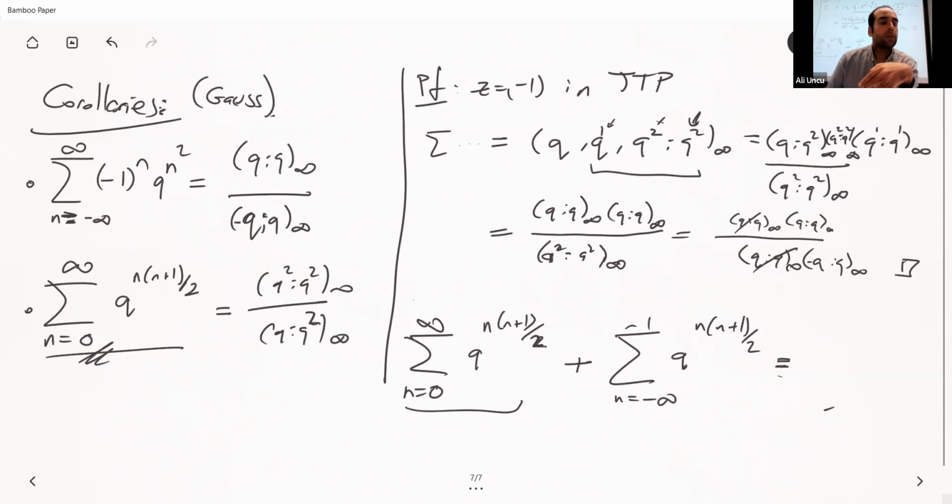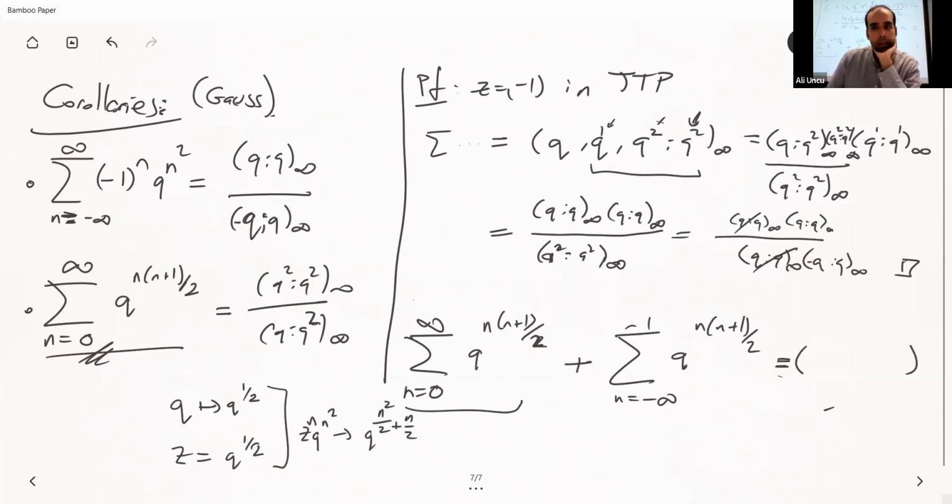So q squared goes to q, and z goes to q to the one half again. That combines z and q to the n squared into a q to the n squared divided by 2 plus n over 2. That's literally the term.